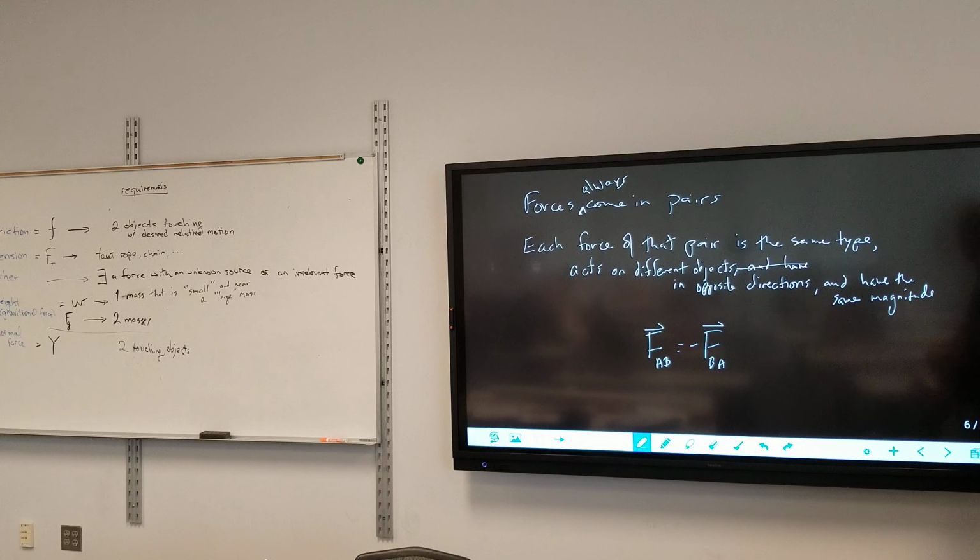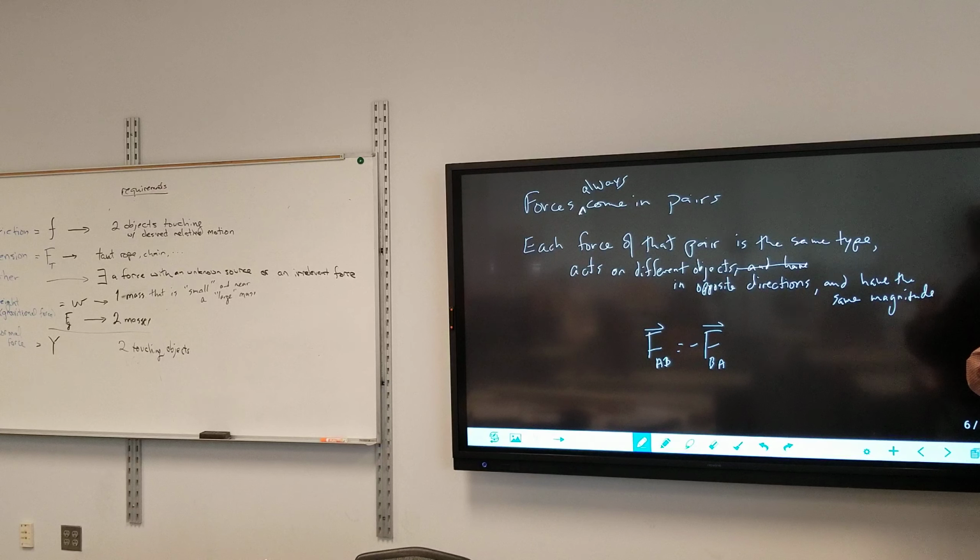Give a dramatic pause for people to catch up on the writing, and if there are any questions. Something as simple as, what does that word? Why do the D and the A switch? When you do the notation like that, when they represent objects, the first letter is the object the force is acting on.